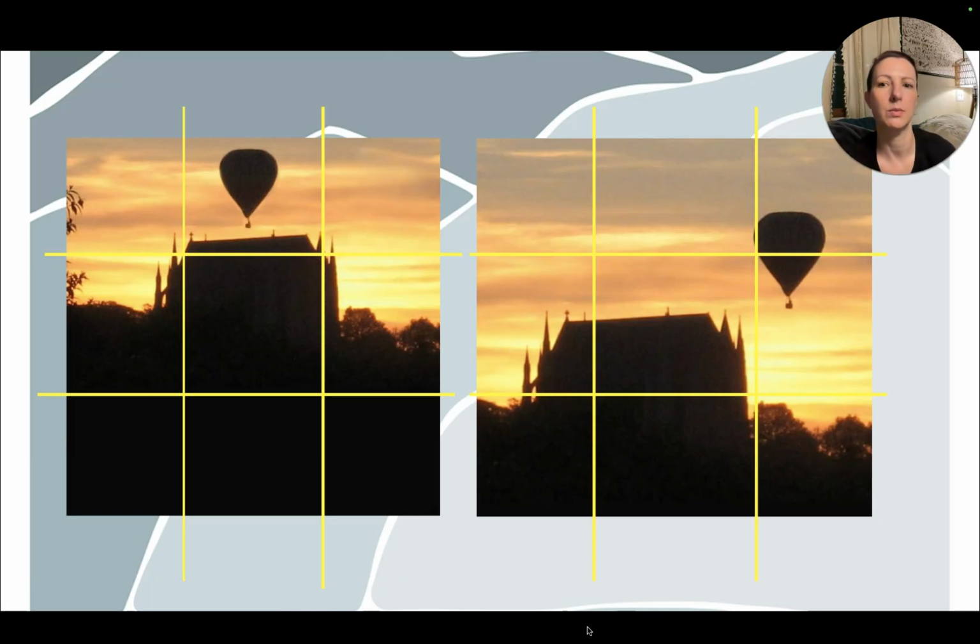And the way the balloon is placed, it almost looks very static, like there's no movement. The one on the right, since they waited for the balloon to float over, creates a little bit more movement. The balloons were about where those lines would intersect, and just by it not being so heavy in the center, it gives the appearance that it's floating a little bit more than the other one.